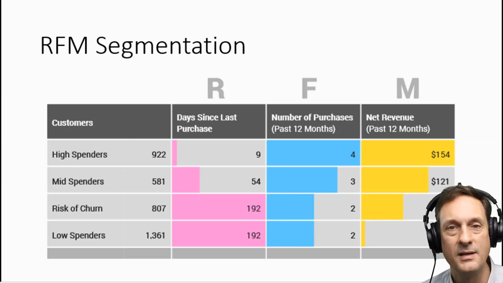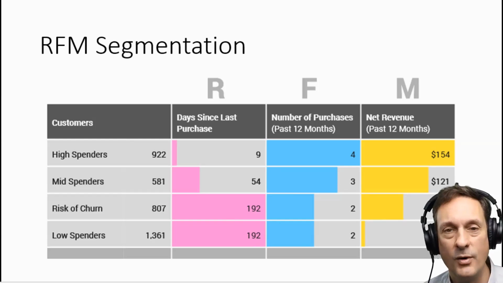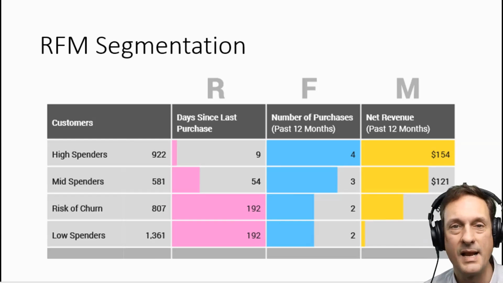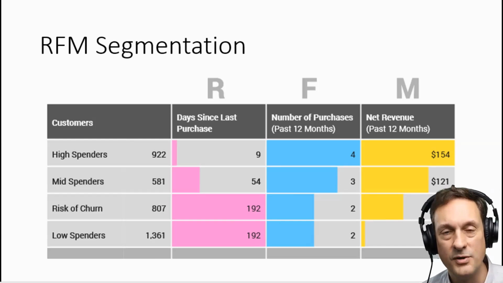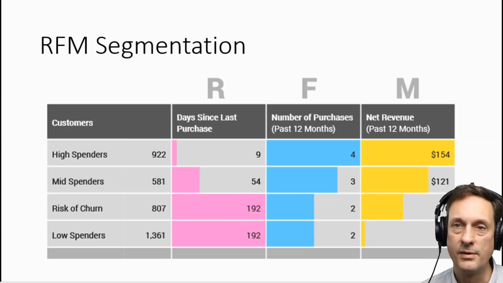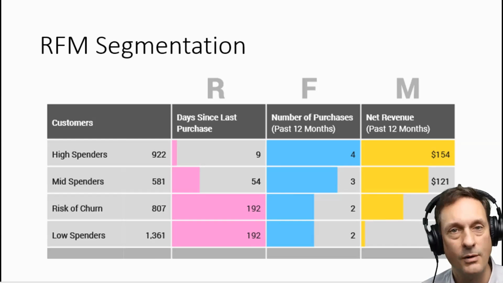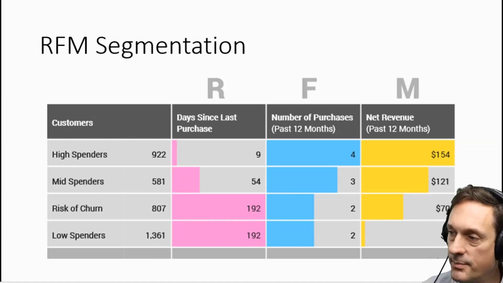People who visit a lot and don't spend, they try and get them over the line. People who have been recently but haven't spent anything, or who are very new customers. And then also, of course, the ones that marketers always worry about are the risk of churn people, the people who have not been there for a long time.